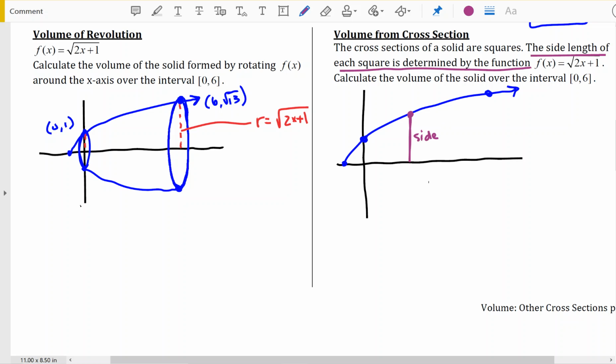And now we can imagine the square being built off of the side in either of two different directions. You can build that square towards you, or you can build that square away from you, and it's not going to matter either way. I like to build it and visualize it coming forward. So I'm going to draw the other parts of my square, imagining that it's coming towards us in that third direction.